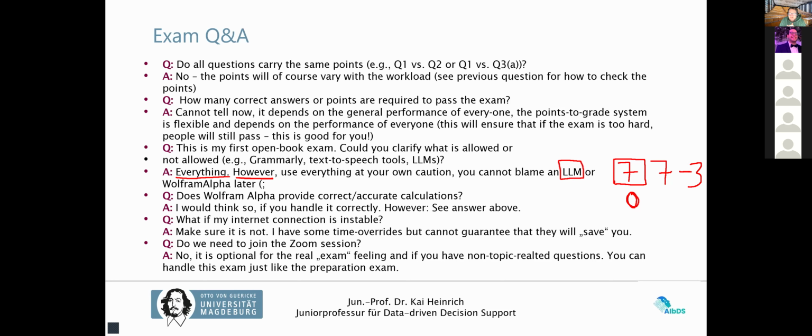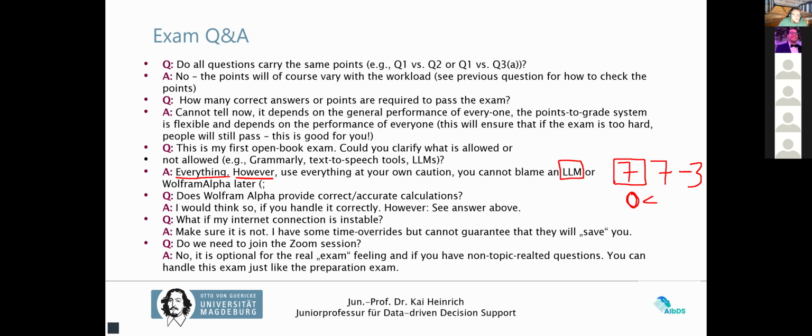But if you say something wrong, where I really say this is plainly a wrong sentence, it isn't true, then you will get points subtracted, but only from this task and only from the number of points in this task. So you will not get below 0, right? This is not possible. So this is what I mean. Hope this helps.